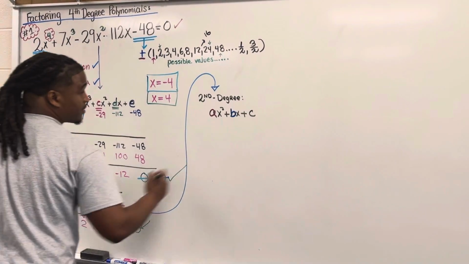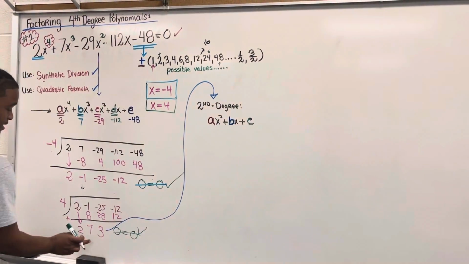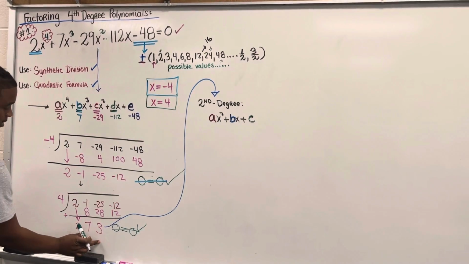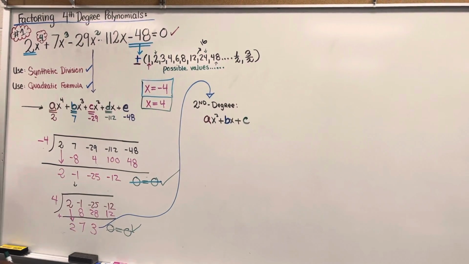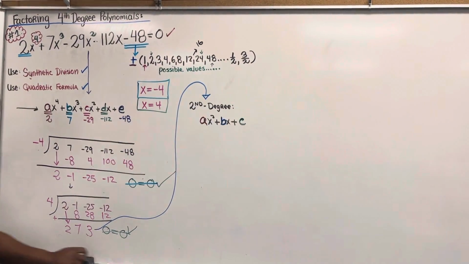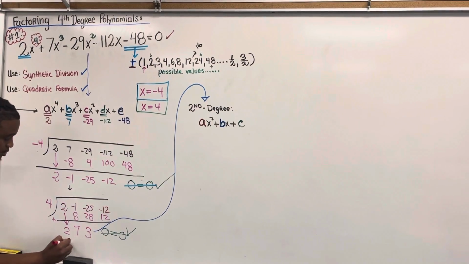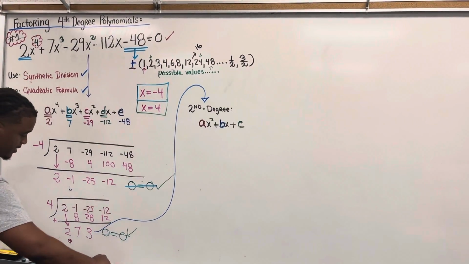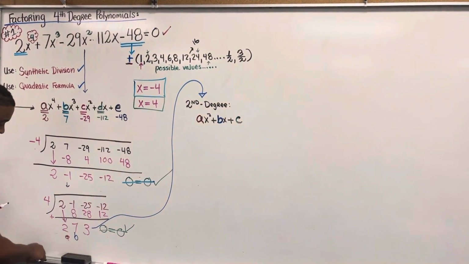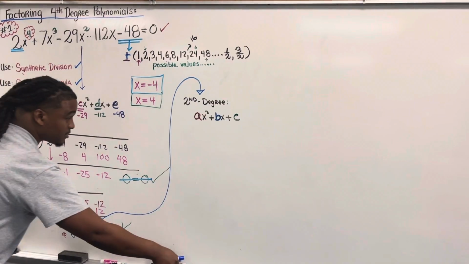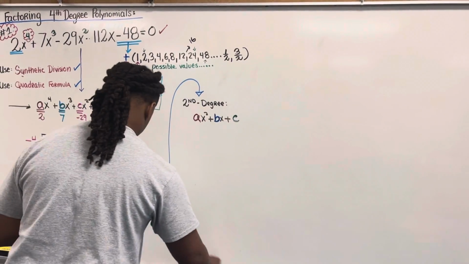And all I'm doing is I'm just gonna plug these numbers in as A, B, and C, okay? So once again, we had 2 is the A, 7 is the B, and then 3 is the C, okay? So let's do that over here.